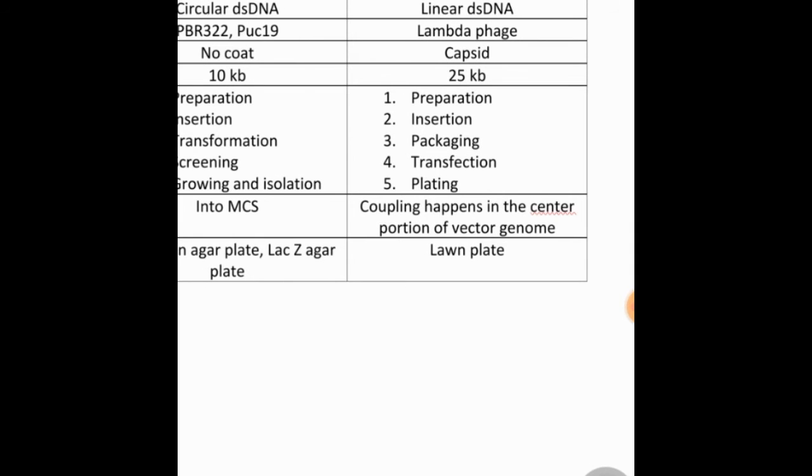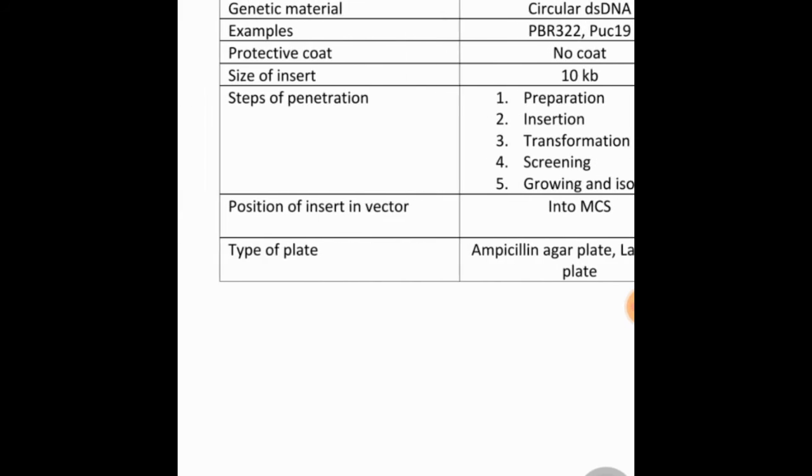For lambda vector, we begin with preparation and then insertion, next packaging into the hybrid phage, as explained by my friend before this, and then continue with transfection of the hybrid phage into the chosen bacteria, and last but not least, plating.